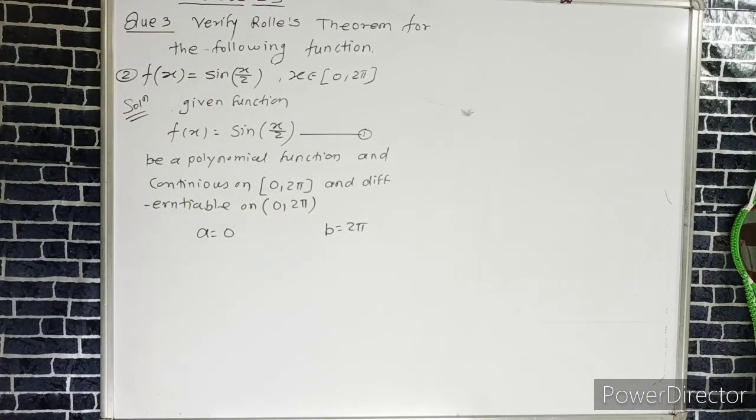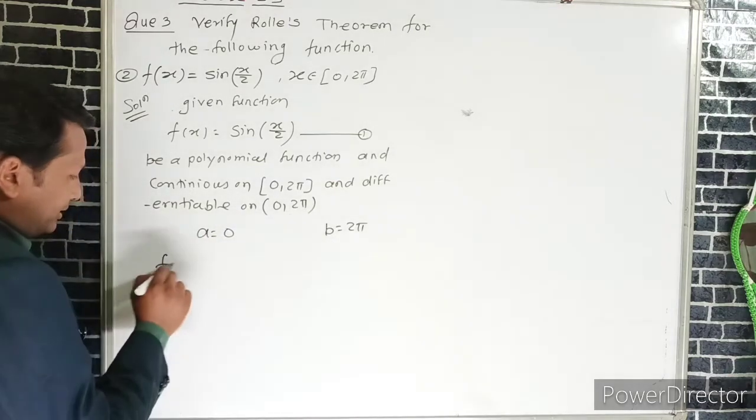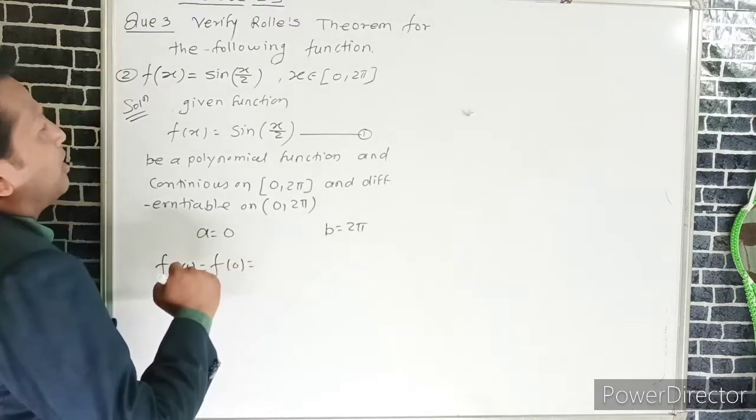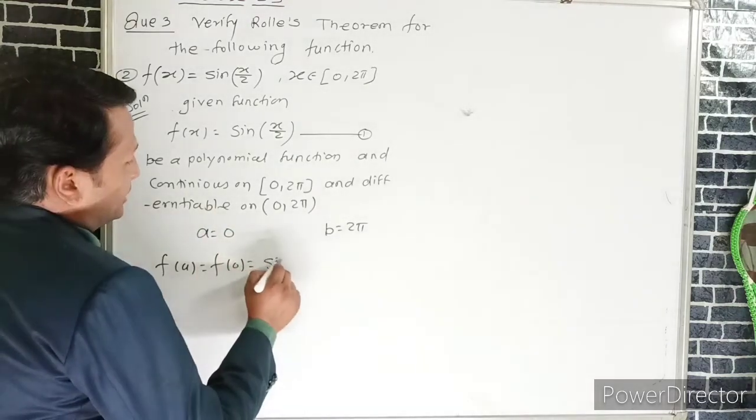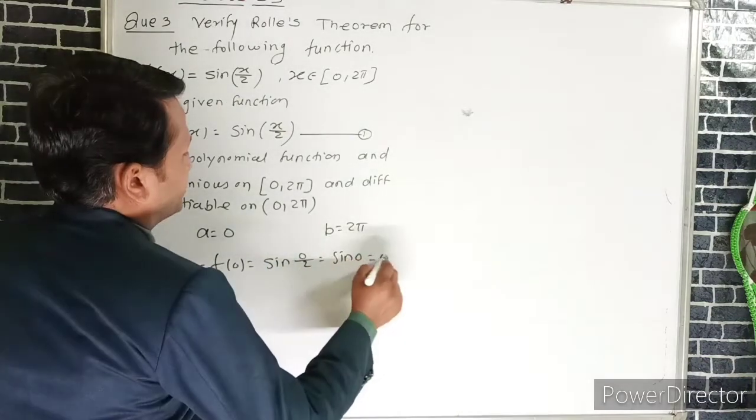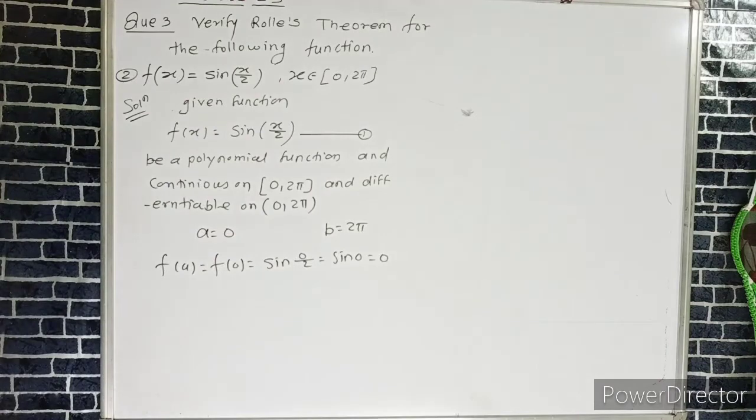So by using the values of a and b we can find f of a, which is f of 0, and the value of f of a is sin of 0 by 2, which is sin 0, and the value of sin 0 is 0, which is equation number 2.